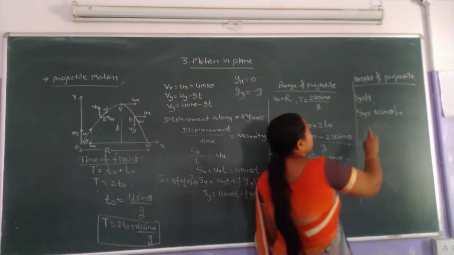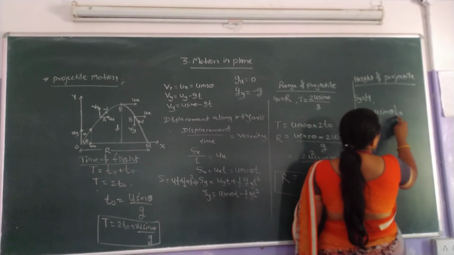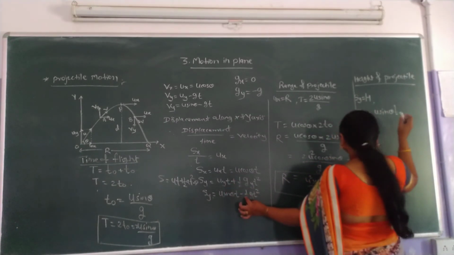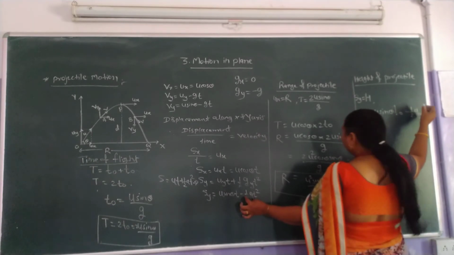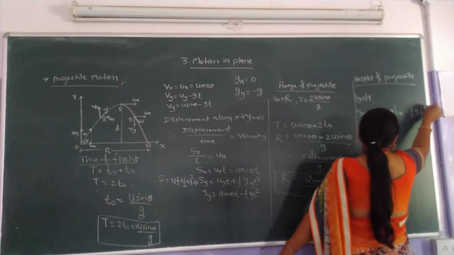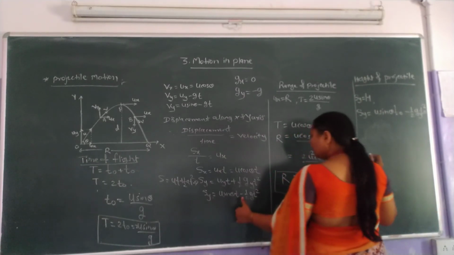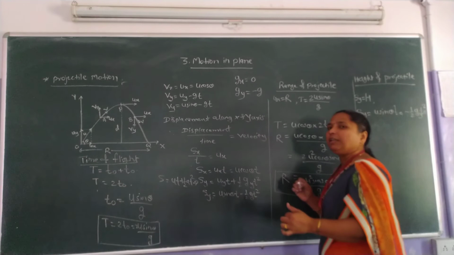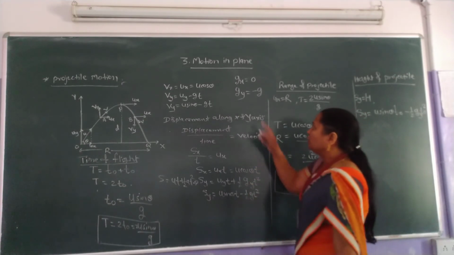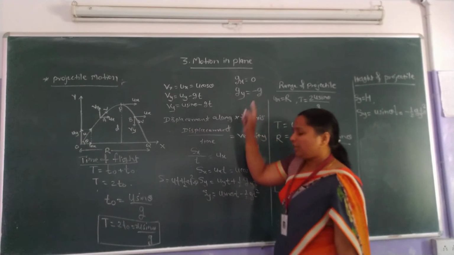Therefore, Sy is equal to u sin theta t0 minus half gy into t0 square, where gy is the acceleration due to gravity along the y-axis. Gy is equal to minus g, hence the negative sign.